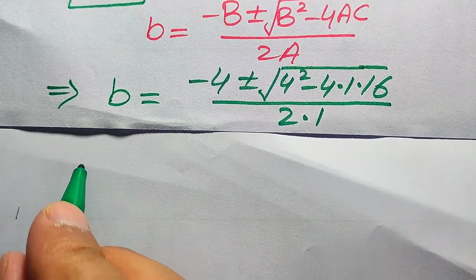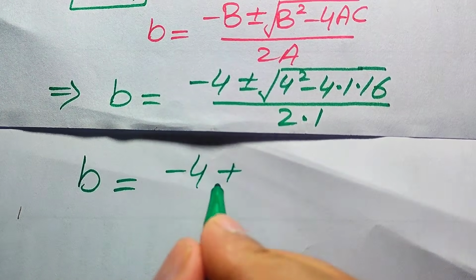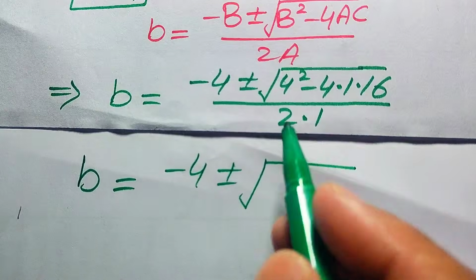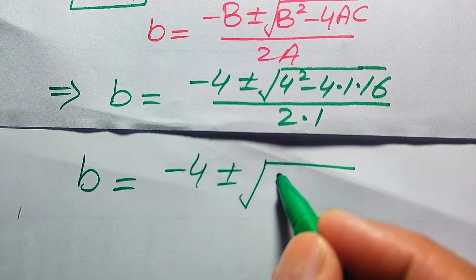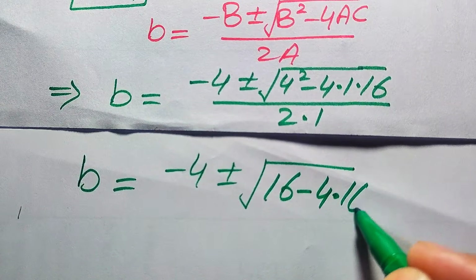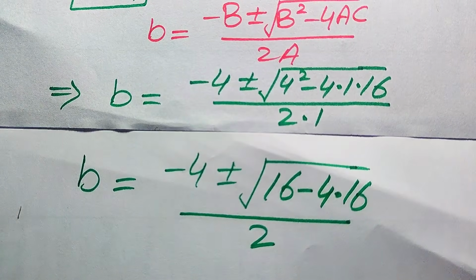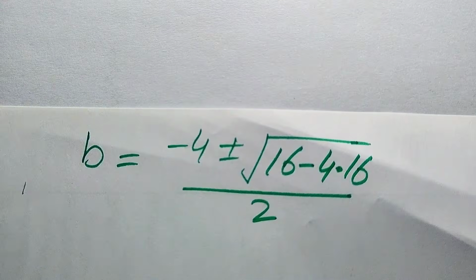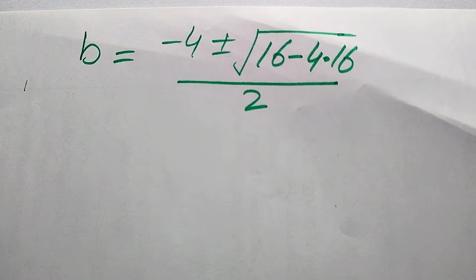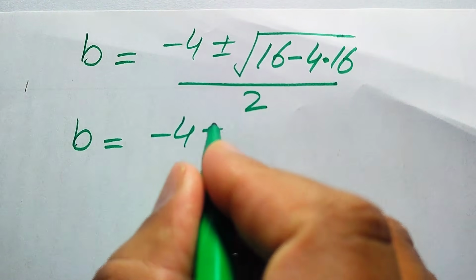And now in the next step we need more simplifications, and it will be written as x is equal to minus 4 plus minus the square root of 4 squared, which becomes 16, minus 4 times 16, and it is divided by 2 times 1, which is 2. So further we need more simplifications, and we will get x is equal to minus 4 plus minus.